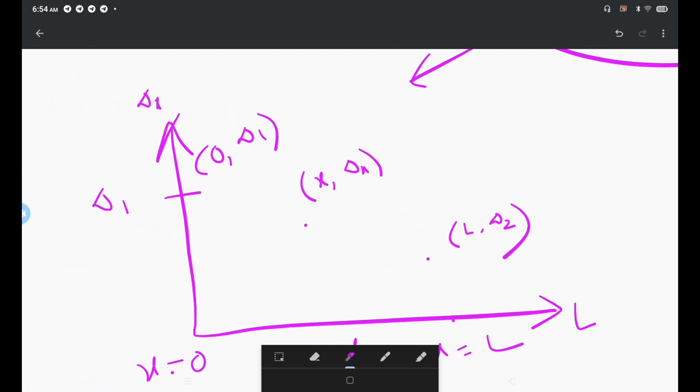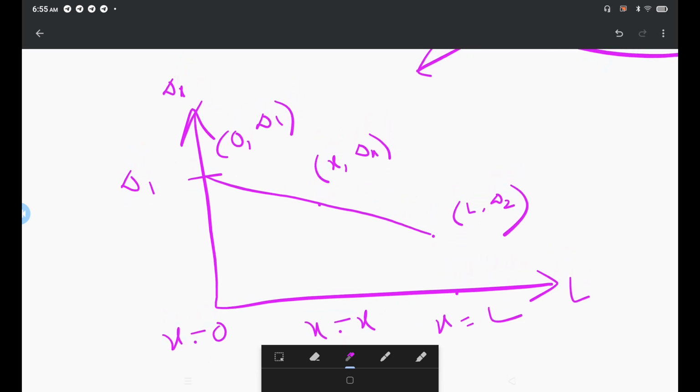If we join the coordinates, it will form a straight line. You can see the variation between the diameter and length.